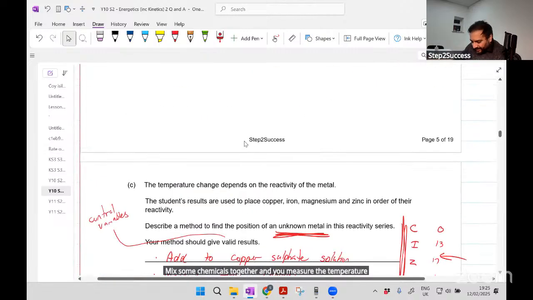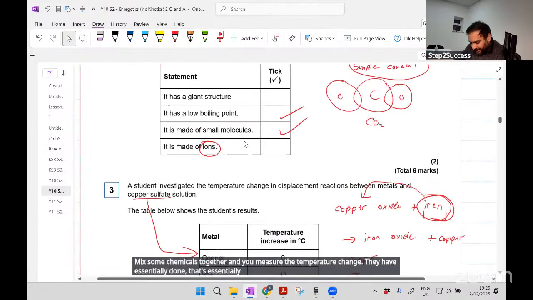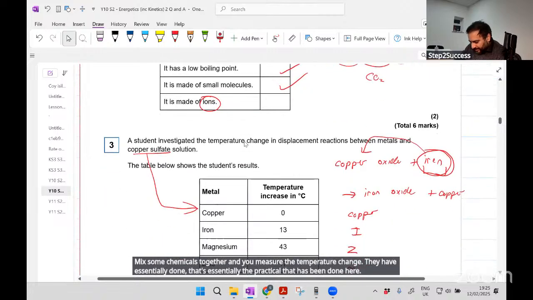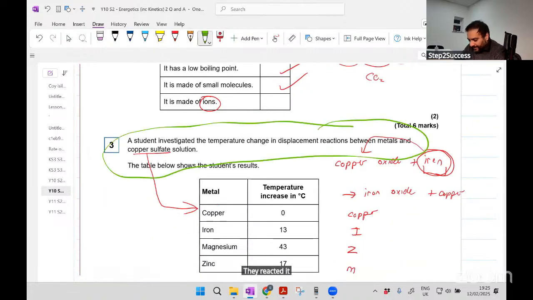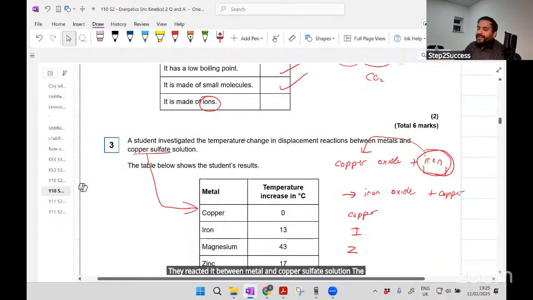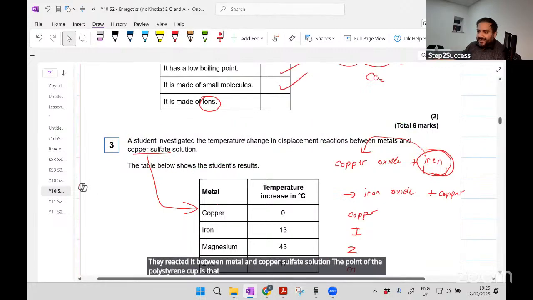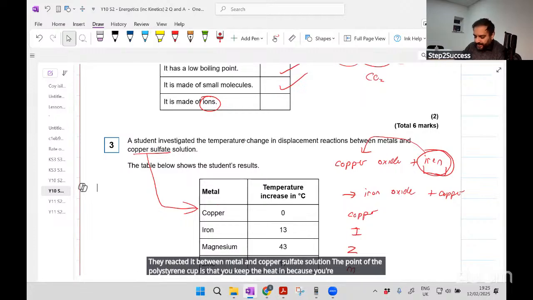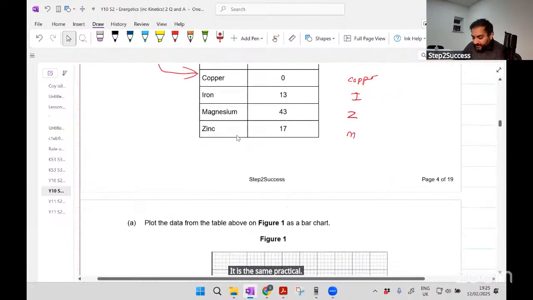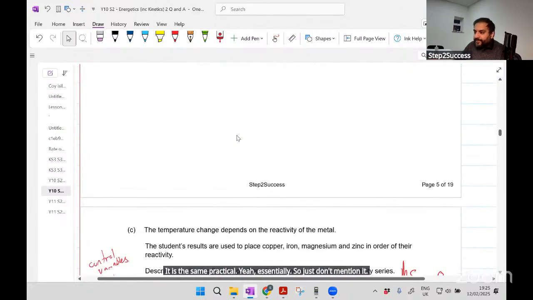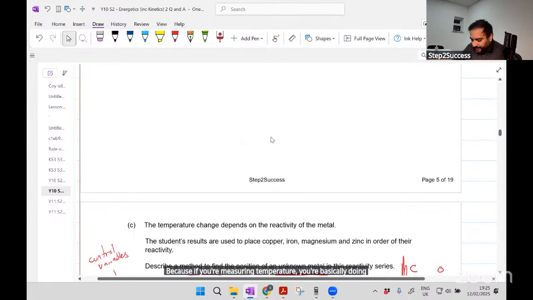That's essentially the practical that has been done here. They reacted a metal with copper sulfate solution. The point of the polystyrene cup is that you keep the heat in because you're measuring temperature change. I know we didn't say this, but probably they would have used a polystyrene cup when they did this experiment. I know they don't say it, but it's the same experiment. So it's not a different practical altogether. It is the same practical. They just don't mention it. Because if you're measuring temperature, you're basically doing that polystyrene cup practical.